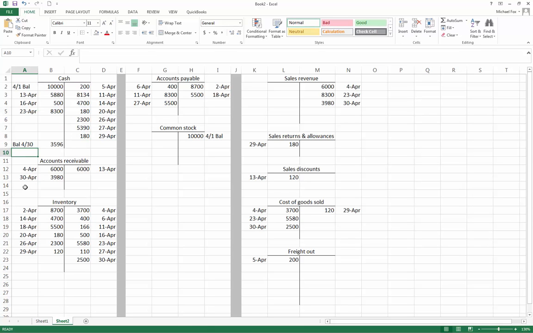We'll do the same for each account. I'll show you a way to make it a little bit easier using the auto sum feature, and then telling Excel we want this to be the sum of the debit side minus the sum of the credit side.